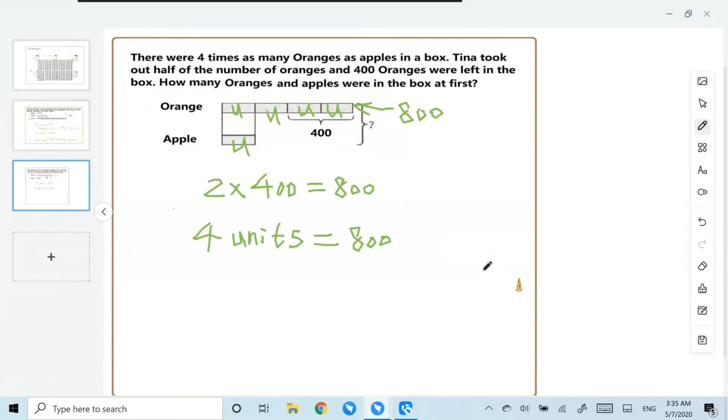For 4 units equals 800, so 1 unit equals 200. Right?